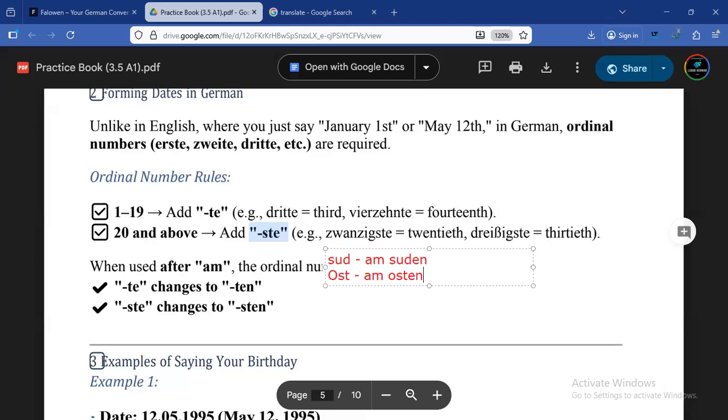I can explain it further, but I don't want to dig too deep into it. So when you want to say a normal number like maybe 10th, it's going to be zehnte. But when you have it in front of it, you must add an additional N to it. So it's going to be zehnten.